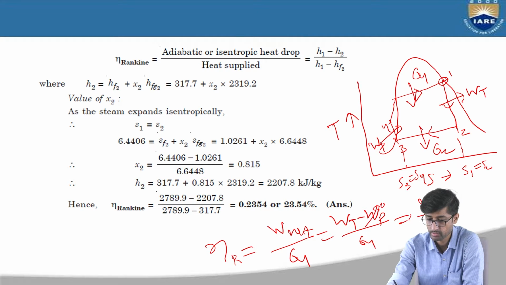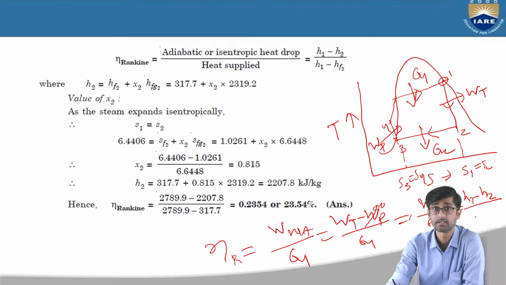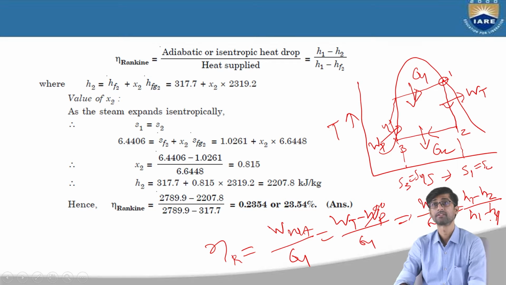So what is the turbine work? That equal to H1 minus H2, right? So what is the heat supply here? Heat supply is H1 minus H4. So this is the heat supply, right?